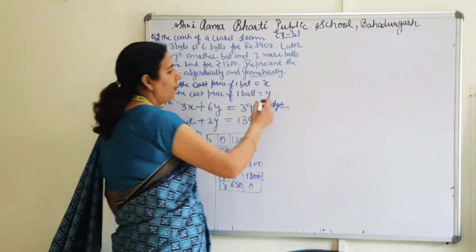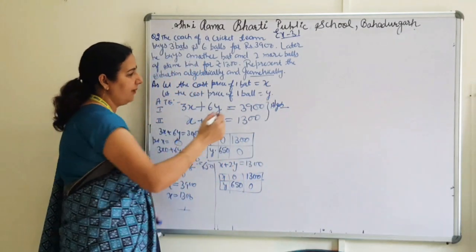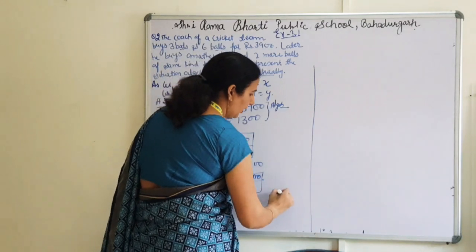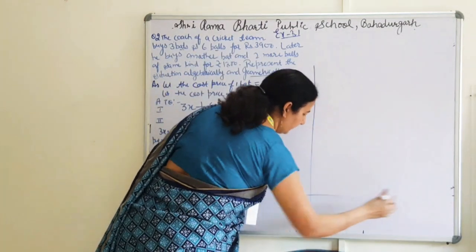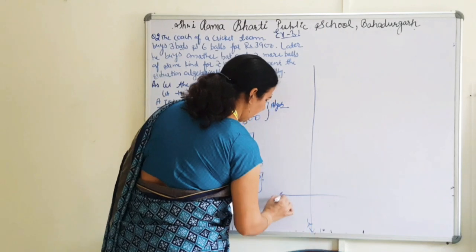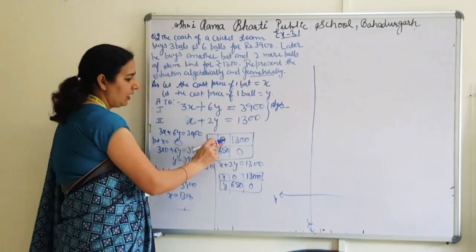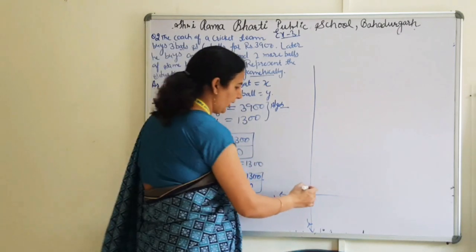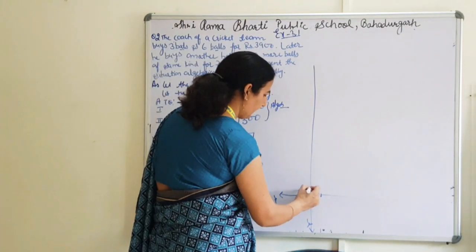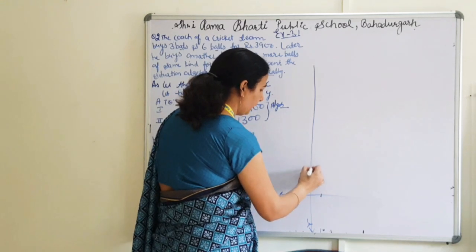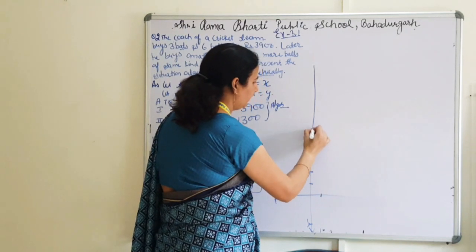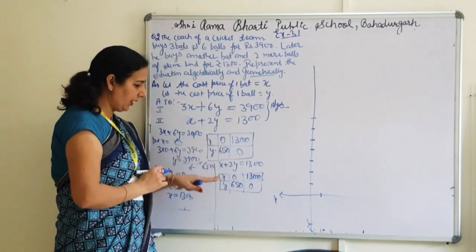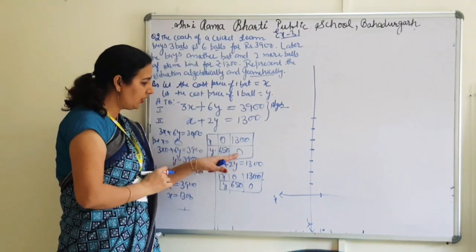Fine. So what will be the graph of this equation? The graph of this equation will be: y-axis, x-axis. 0, 650, 1300, 0. It means we will take the values like this. x 0, y 650. Then y 0, x 1300.